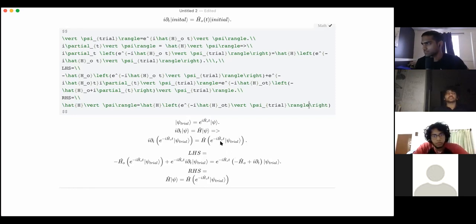Would it be some sort of a propagator? Alternatively, we could move e power minus i H naught t all the way to the right, but we're not going to get anything interesting out of that, because we're not comparing the things that we want to compare. We want things to be acting on psi trial.